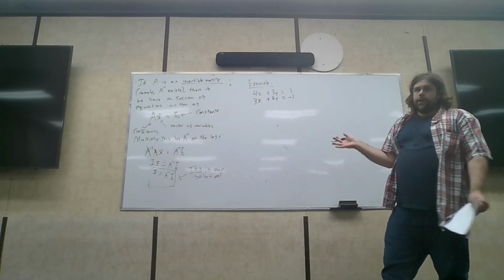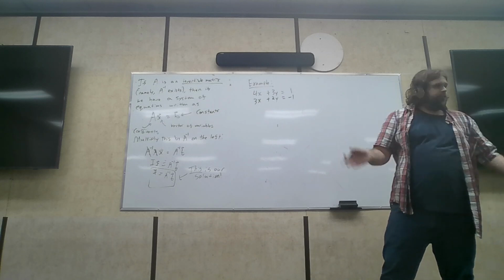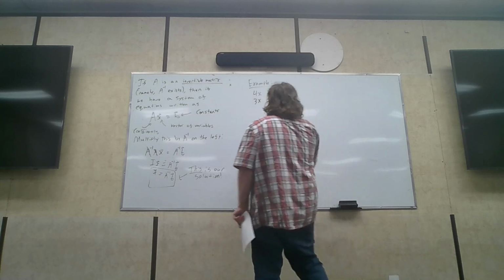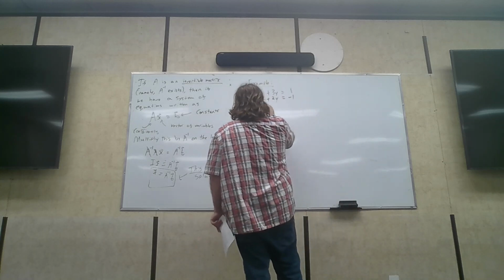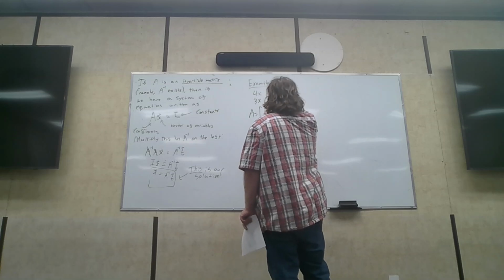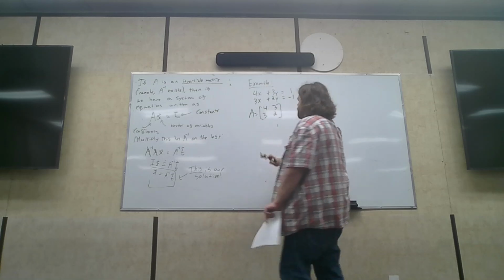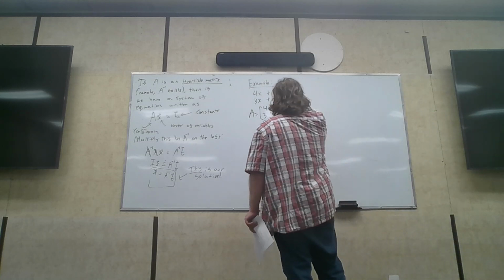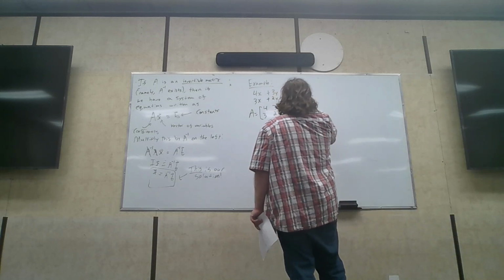You could find the augmented matrix and then do your row reduction. That's fine, but let's take a crack at this. So we know that A is just these coefficients like it was before. It's almost like writing down the augmented matrix, you just write that last part separately.